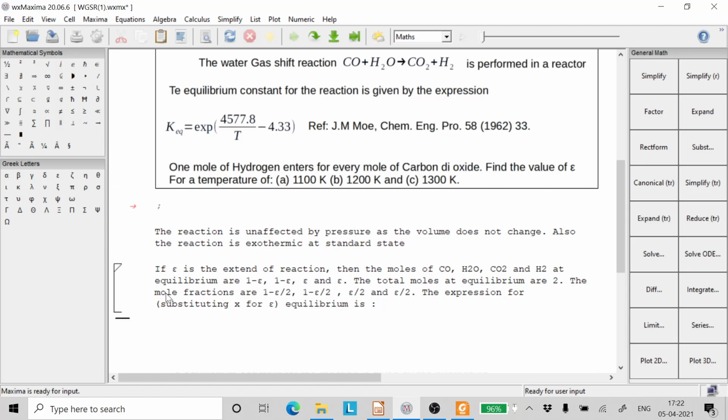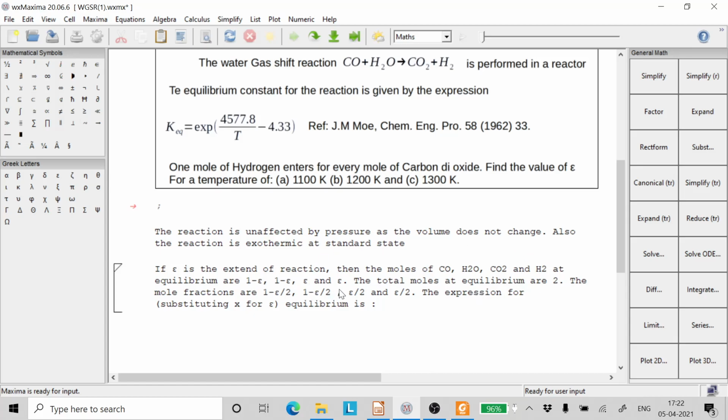So we get 1 minus epsilon as the moles of carbon monoxide at equilibrium. For steam, it is 1 minus epsilon. For carbon dioxide, it is epsilon, and for hydrogen, it is epsilon. The total moles at equilibrium are 2.